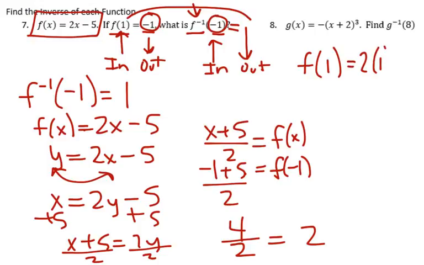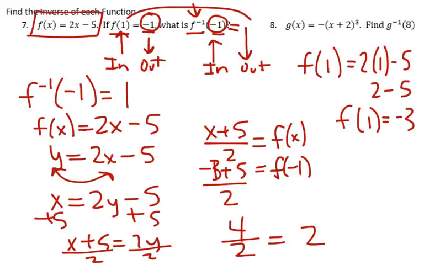Apparently when I made this, I changed a function, and that would actually give us a different number, wouldn't it? Okay, that's where we ran into an issue. So we should have actually had f of 1 equaling negative 3.